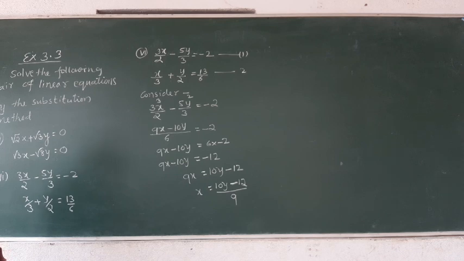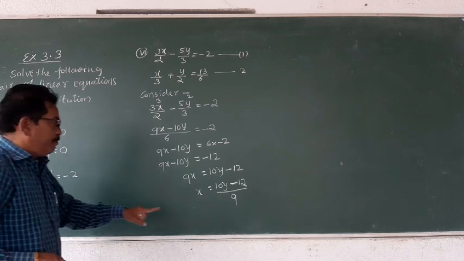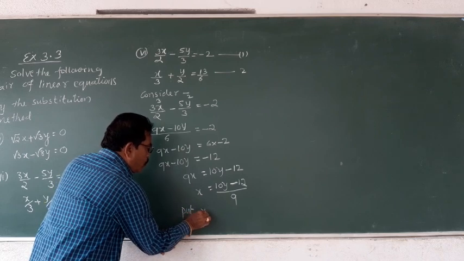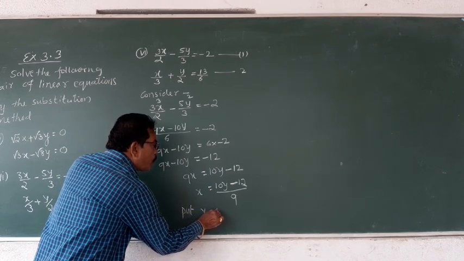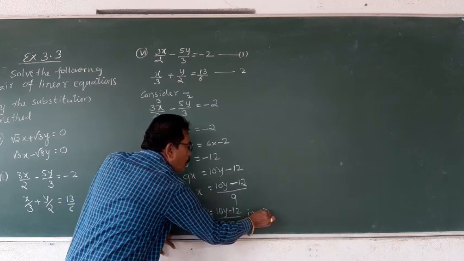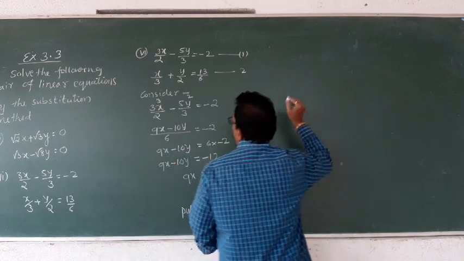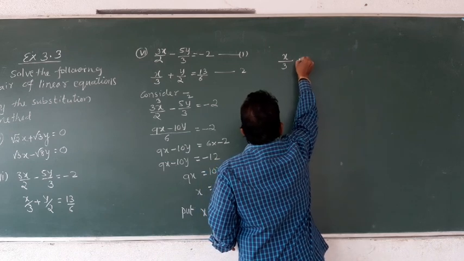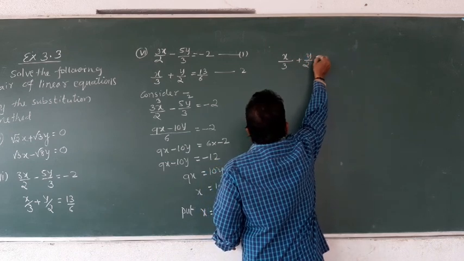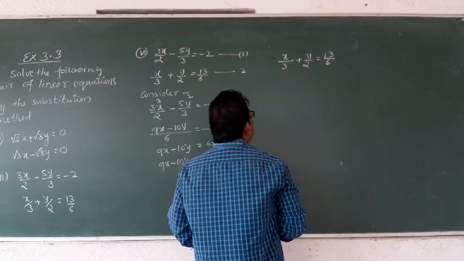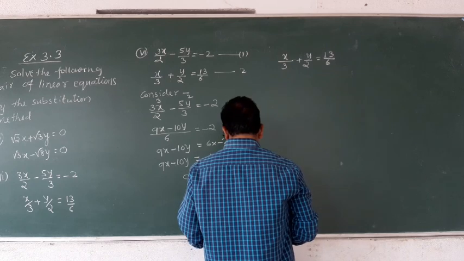Okay, next put x equals to 10y minus 12 by 9 in any one of the equations, that is x by 3 plus y by 2 equals to 13 by 6. Okay, let us put the value of x.